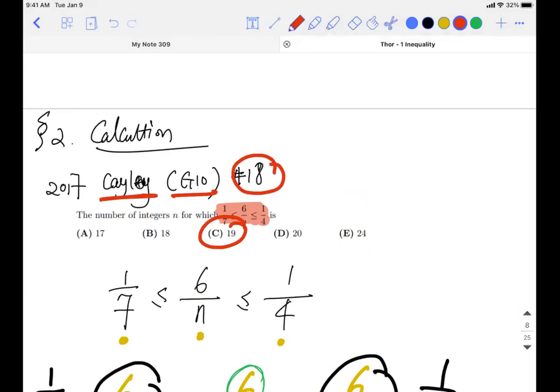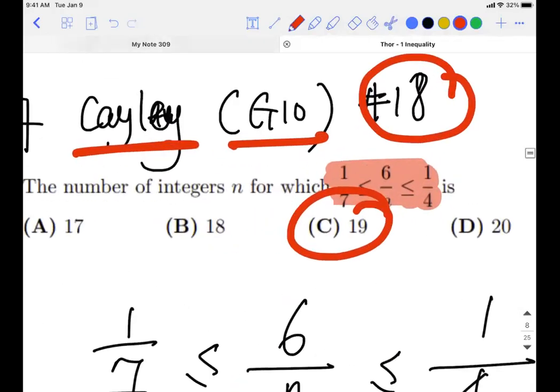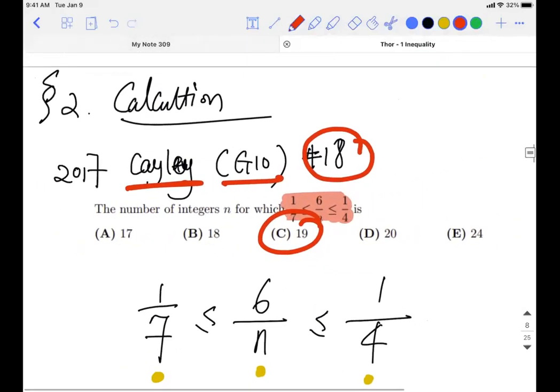I saw the question, the number of integers n for which the thing holds, and I thought it was asking us to figure out what n is. But it is actually asking for the options for n.